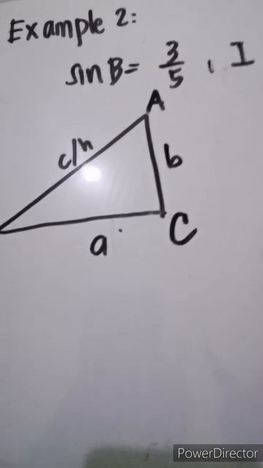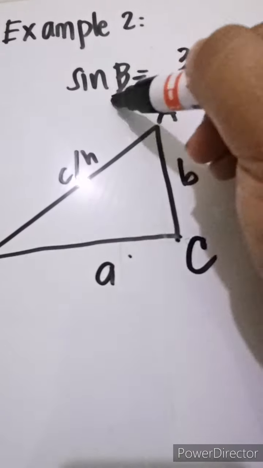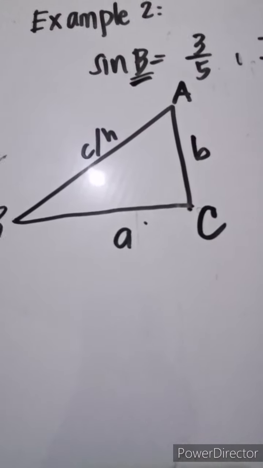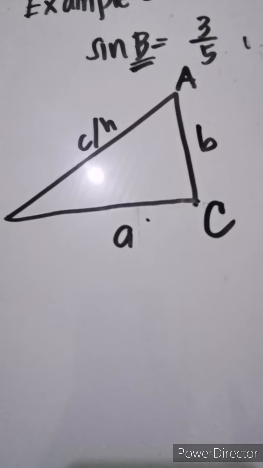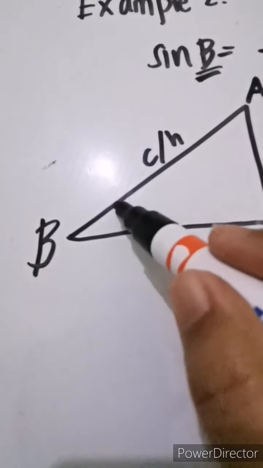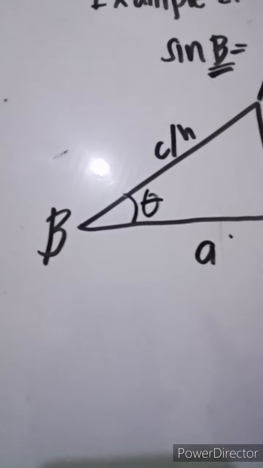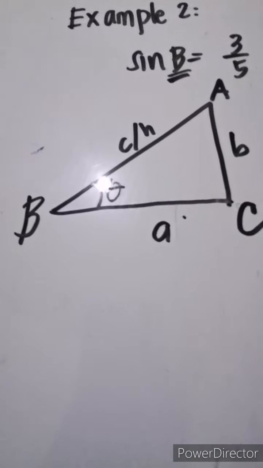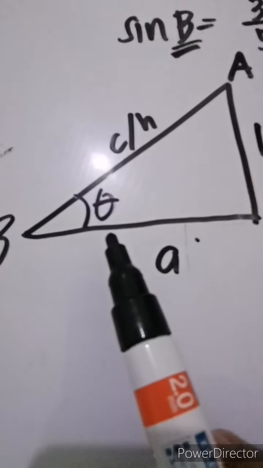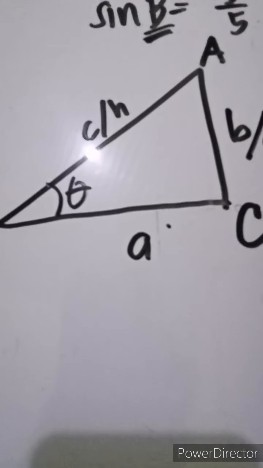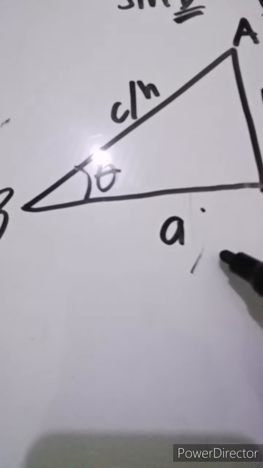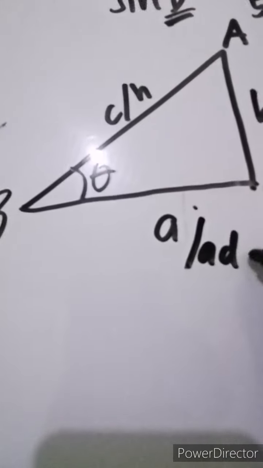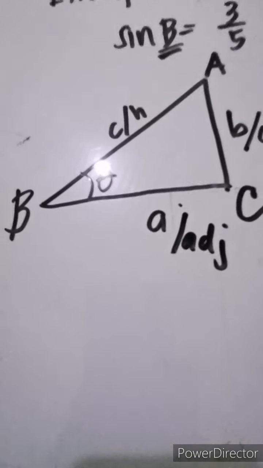Okay, so based from the given, sine B, meaning ang ating hinahanap ay nasa reference B. So, ang reference angle natin ay itong nasa letter B. Okay, so kung ito ang reference angle, this is the opposite. Kung ito ang reference angle, this is the adjacent.